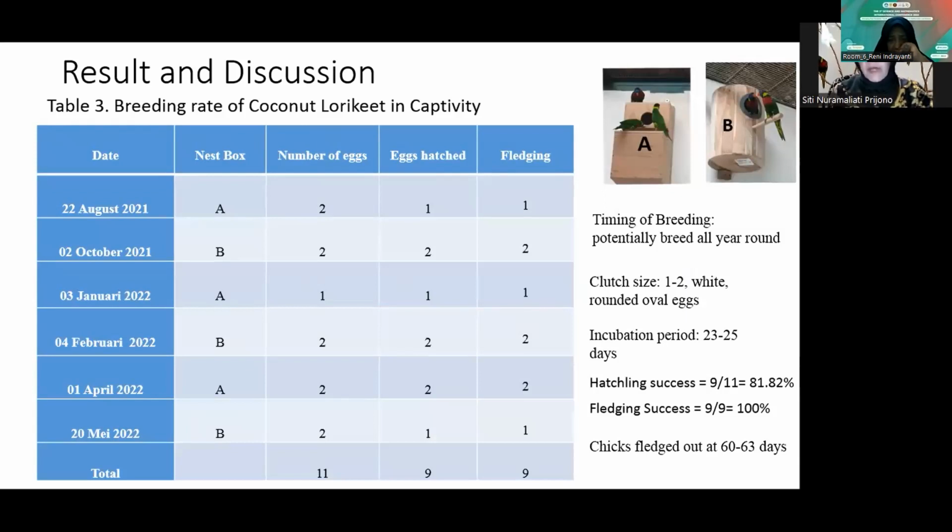Clutch size is 1 and 2 white rounded oval eggs. Incubation period is 23 to 25 days. Hatching success is 81.82% and fledging success is 100%. Chicks fledge at 60 to 63 days old.